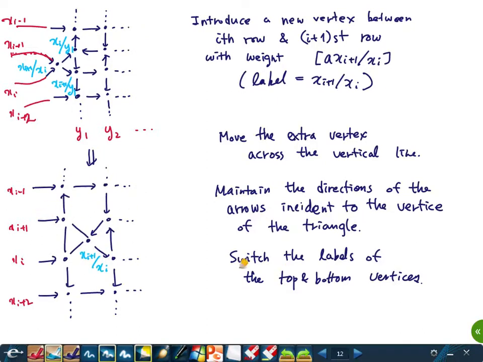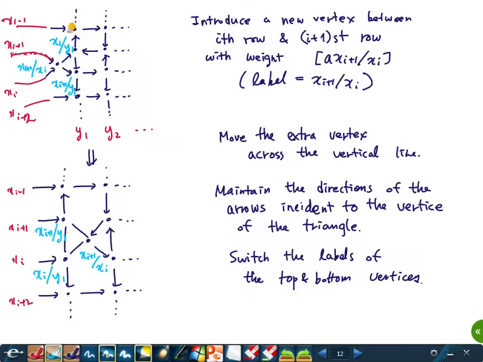This one comes naturally if you think of this as the line labeled xi plus 1, xi. So xi, y1, the label will be xi plus 1 over y1. The label of this, xi over y1. This is what I mean. Originally we had xi over y1 and xi plus 1. Now they are switched.